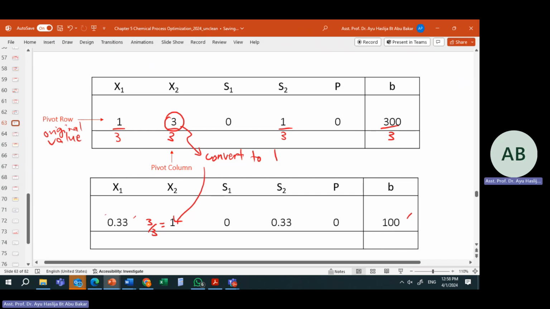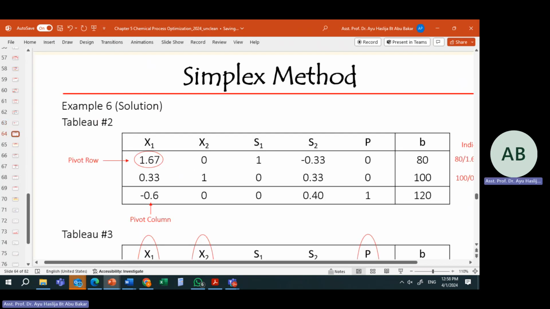Okay, up to that. So these are the new values. Now taking the new values, create the new table.